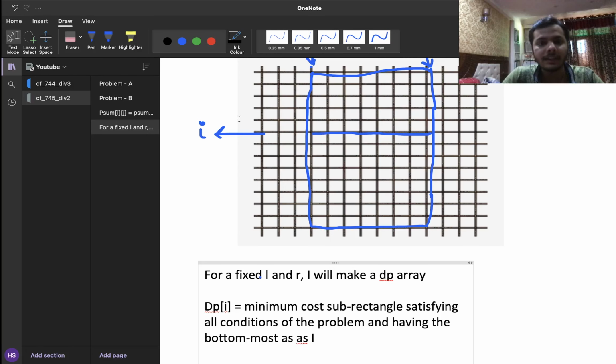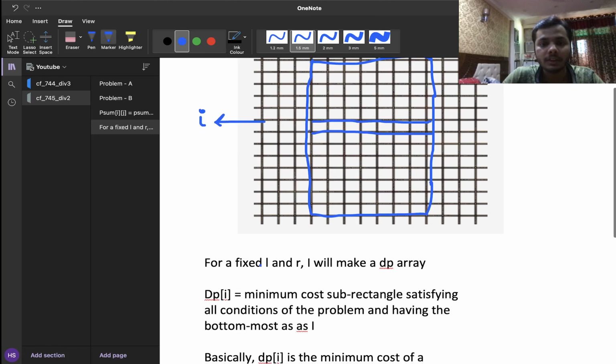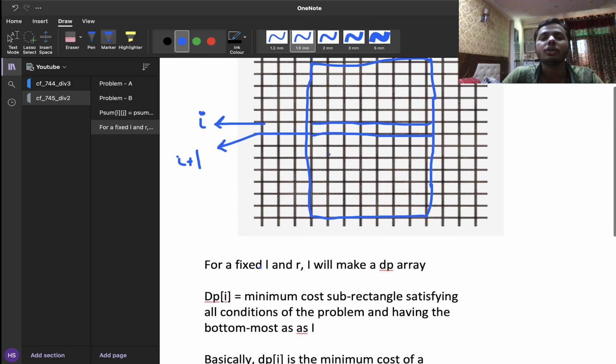So let's say we are in the ith row and we want to transition to the I plus 1th row. So from this row we need to go to this row. This is I plus 1, right? From the ith row we are transitioning to the I plus 1th row. So now we need to calculate the minimum cost of a subrectangle having its base row as the I plus 1th row and all the other conditions remain the same. The width should be at least 5, right?